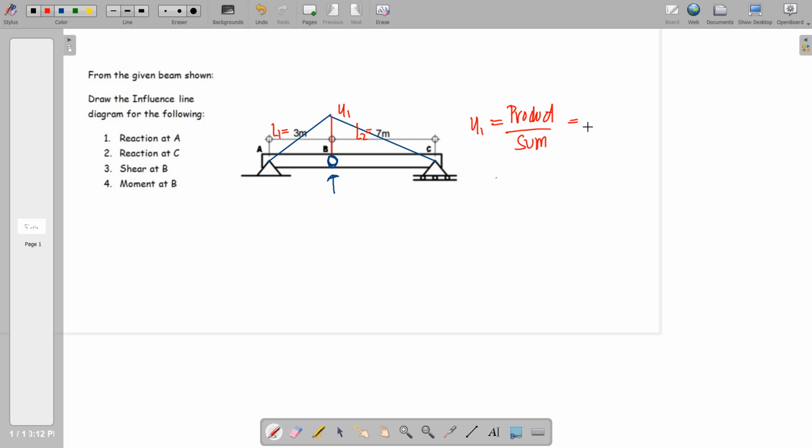So the product of L1 and L2 is 7 times 3, all over the sum, which is 7 plus 3. Basically, this is equal to 21 over 10, or simply 2.1.